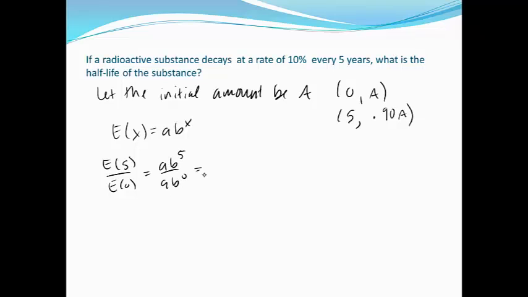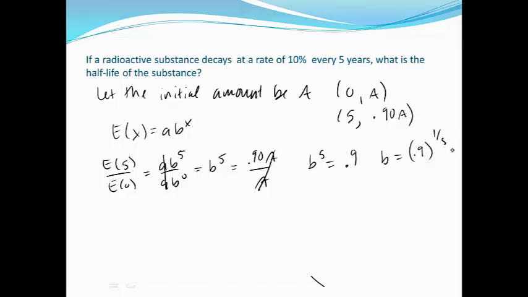If you look at it in terms of evaluating the function, the a's cancel and we get b to the 5th. But evaluating that, we get 0.90a all over a, which cancels, so we get b to the 5th equal to 0.9.